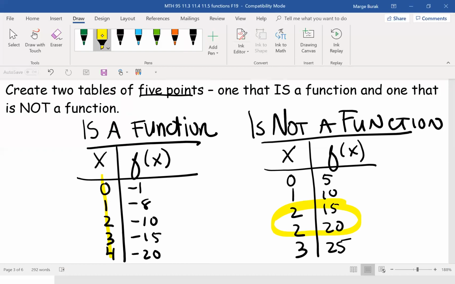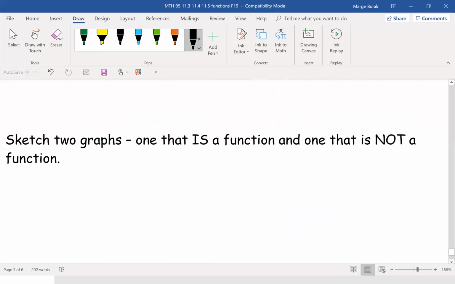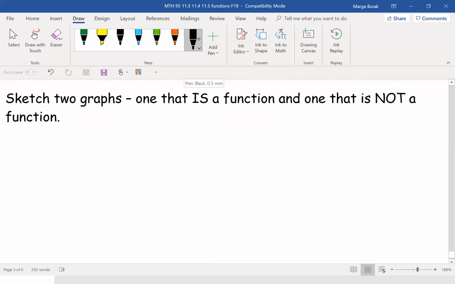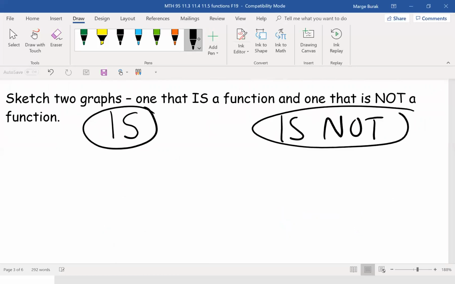Because you can't have, if you think about that graph, and you graph over 2 and up 15, and then over 2 and up 20, they're going to be above each other, and that messes with the vertical line test. Okay? And last of all, let's sketch two graphs. One that is a function, this is my is, and this is my is not. Okay.